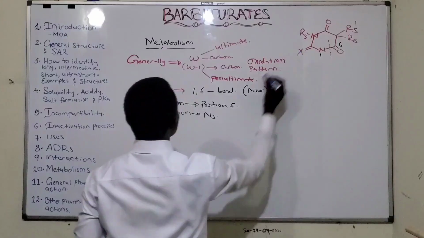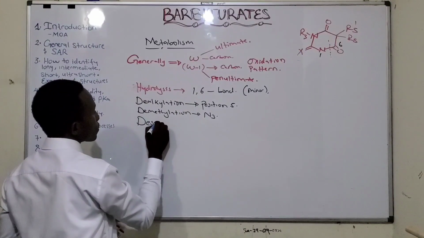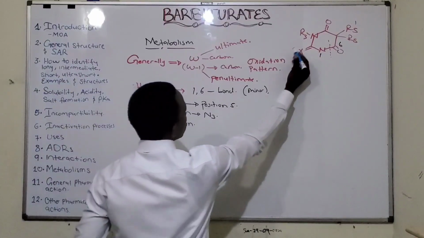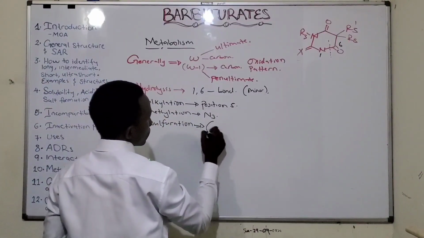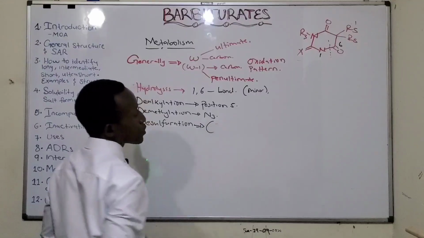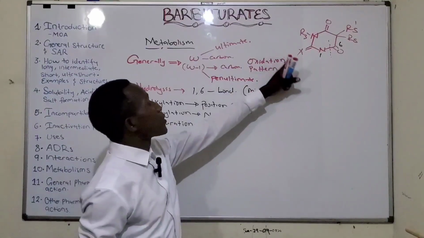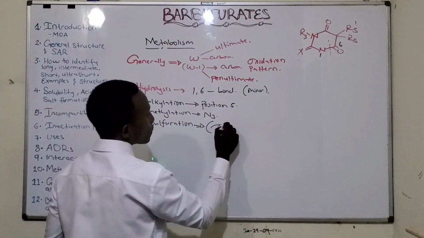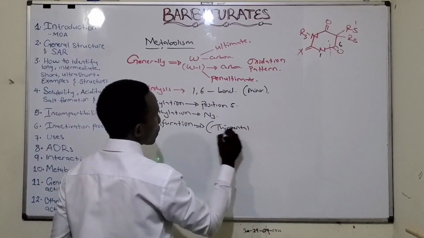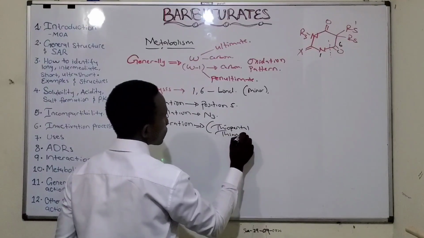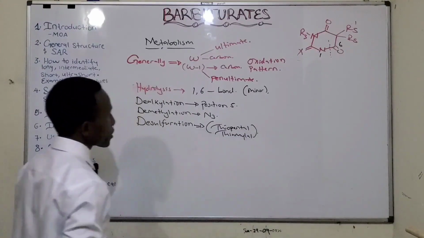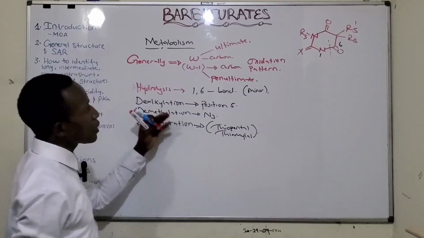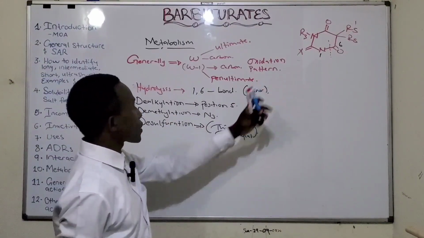Again, you can have desulfuration, removal of the sulfur group in the case of sulfur-substituted barbiturates like thiopental and thiamylal, those drugs. Mainly, those are the metabolic processes.